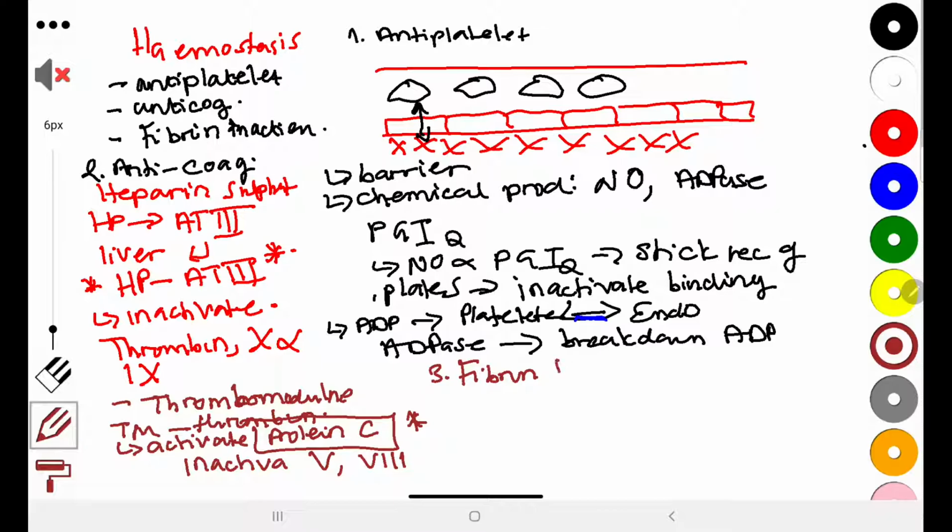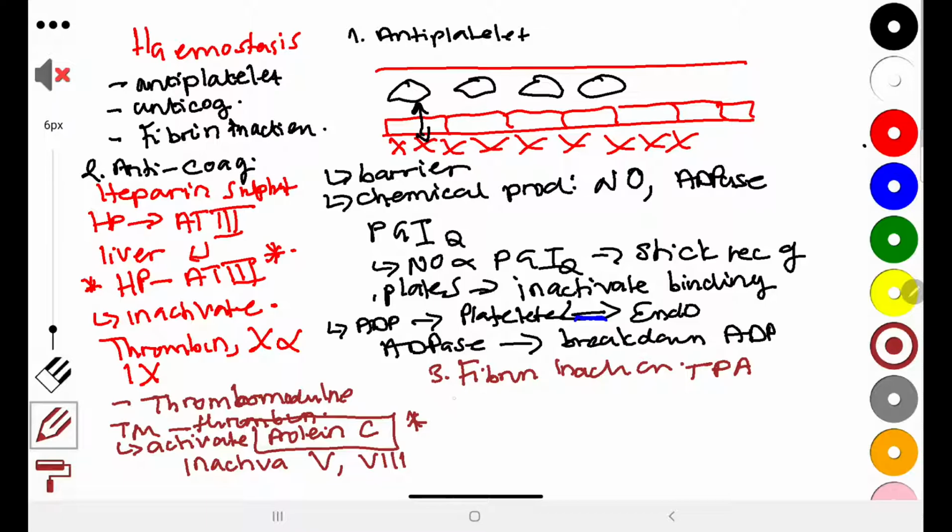In fibrin inactivation, we see that if fibrin is in circulation because of anything, maybe there's a clot at a point and then it circulates to a healthy area, the healthy endothelium can release what is known as tissue plasminogen activator.